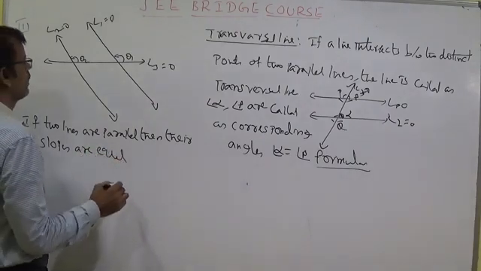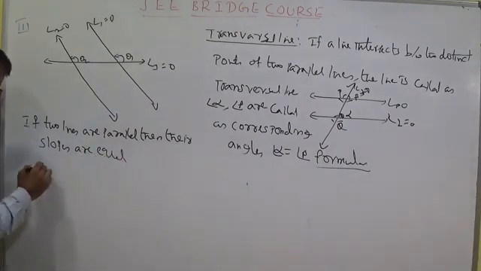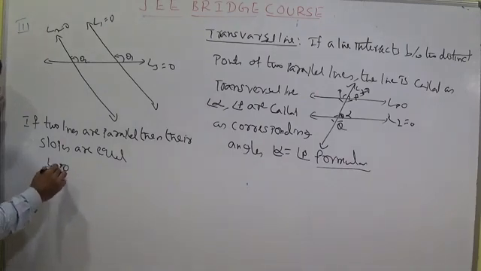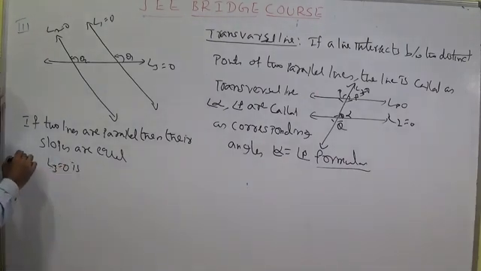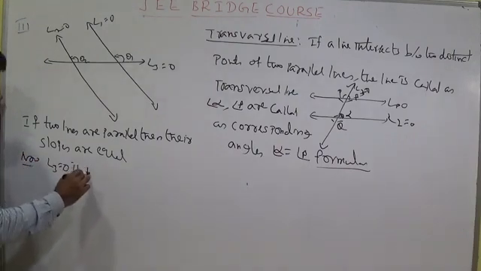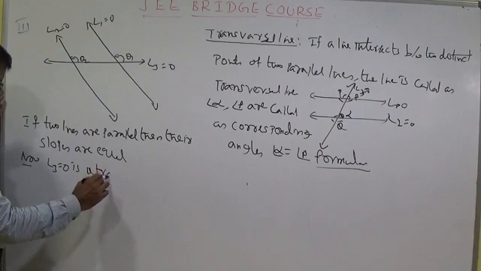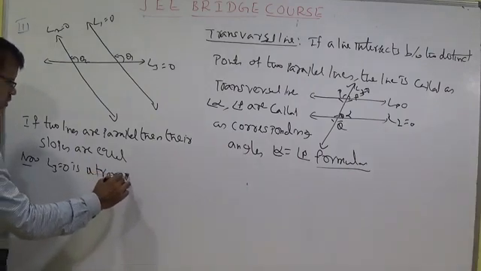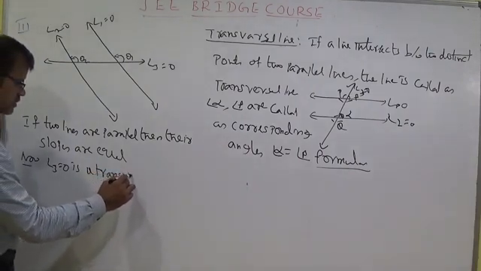That's all. Now, proof I am saying now. L3 equal to 0 is a transversal line.